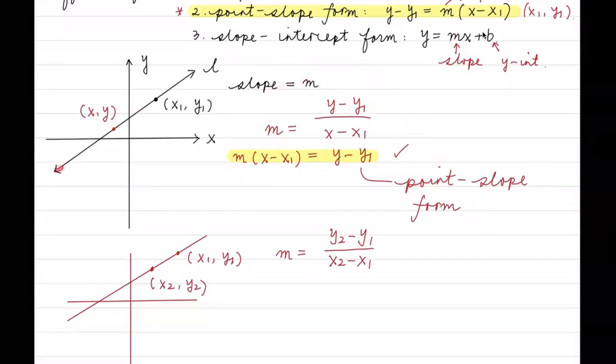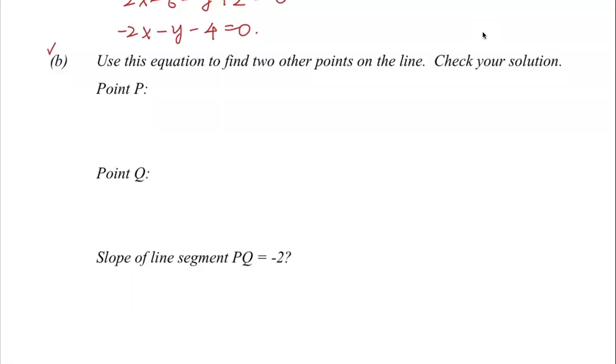If the expression that we found is correct, then these 2 points must lie on the straight line. And if the 2 points lie on the straight line, then the slope of the line segment between these 2 points must be the same as the slope of the straight line. That's the logic behind part B.